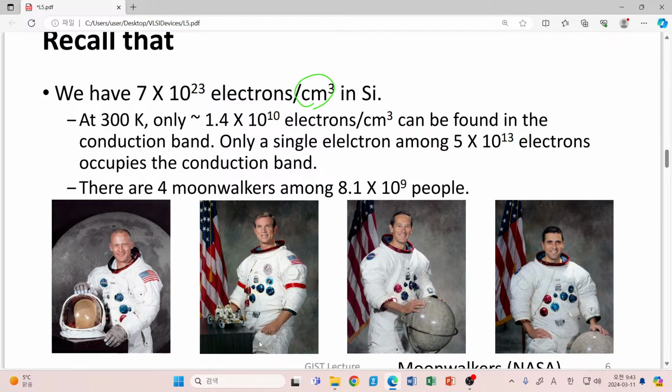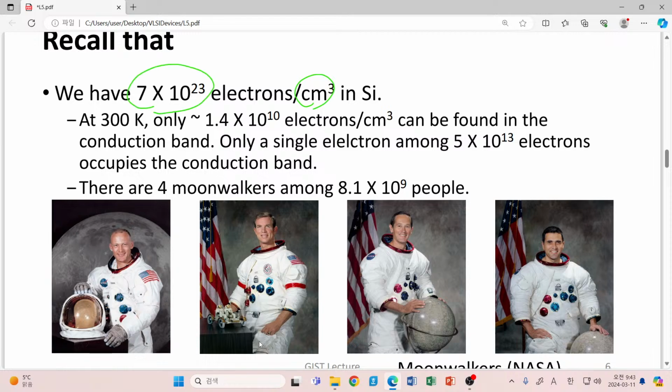Maybe you remember that I have shown a picture of 1 cubic centimeter of pure silicon. That looks quite beautiful. But anyway, inside that small volume, we have 7 times 10 to the 23 electrons.